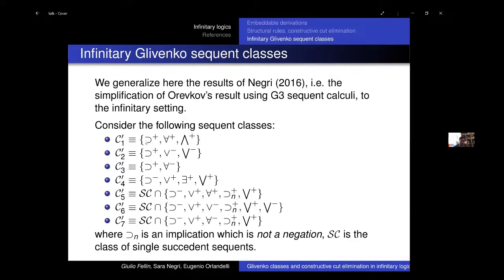This means that the sequents have no positive occurrence of a certain connective or quantifier, and the minus as an upper index means that it has no negative occurrence of that connective or quantifier. N means that this implication is not a negation, and SC refers to the class of single succedent sequents.